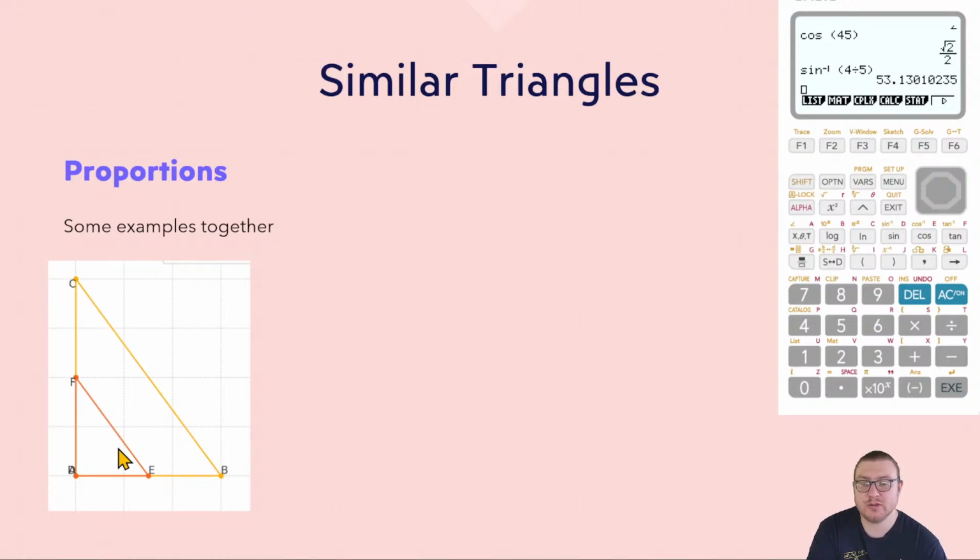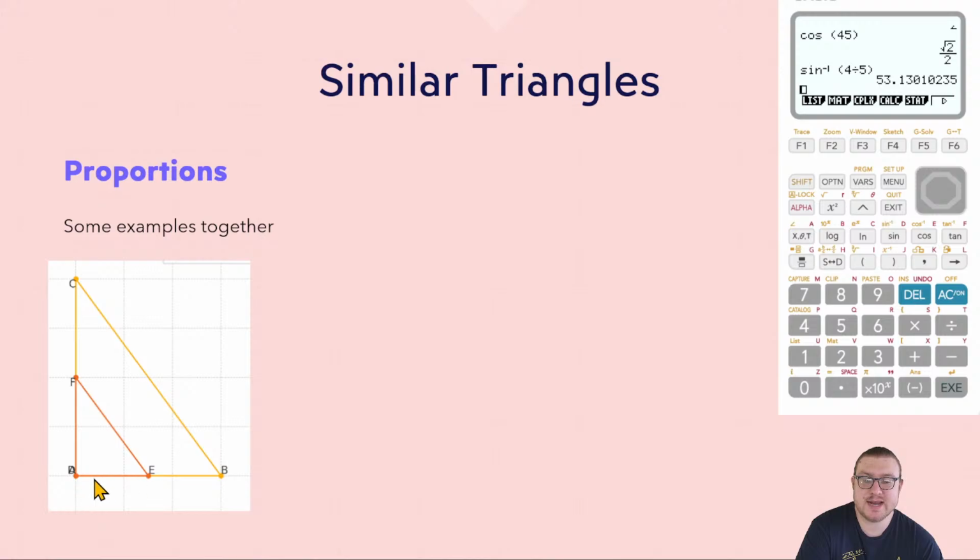We can see that all the angles are the same. Now, if we want to find out one of these sides, we can use ratios to solve for these. Short means we're looking at the short sides, the small triangle, or we can have long for the long sides. So we can go from D to E, that's the short side, and divide this by D to B, a long side.